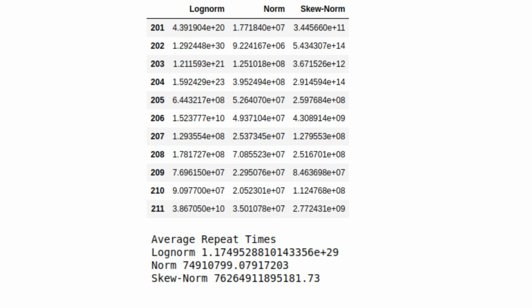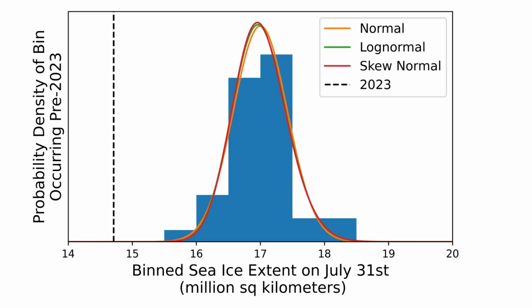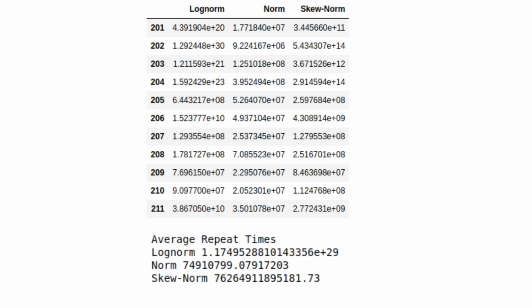And if you plot a skew normal distribution, you get like 9, 12, 76,000 billion years. So it's a 76,000 billion year event. But the point is that depending on the statistical distribution that you fit, these three curves that look almost the same, the green, the red, and the orange curve, you get repeat times that are literally billions of years apart.